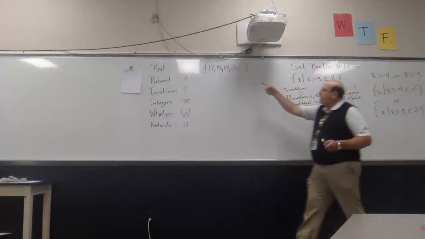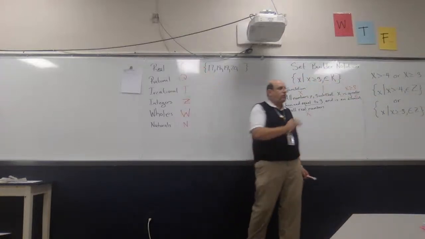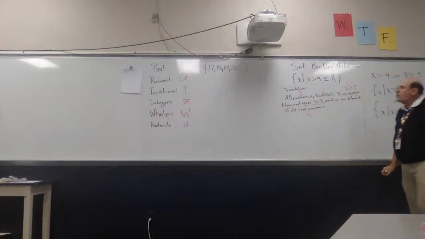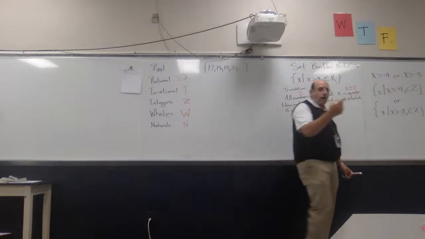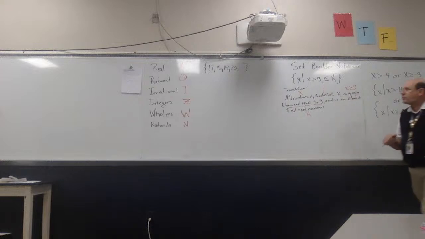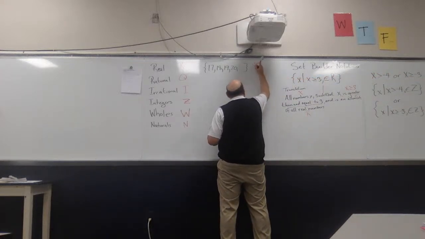Which one of these is the most specific, which is the narrowest set that I can use for this? Naturals is the most, what I call uber specific set. The truly most specific set. So I'm going to say that these are naturals.